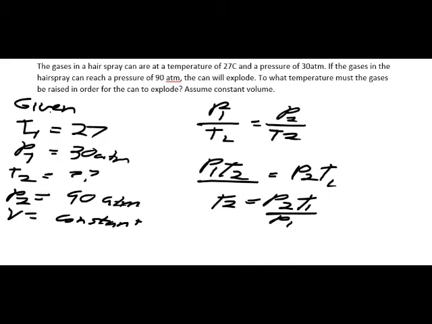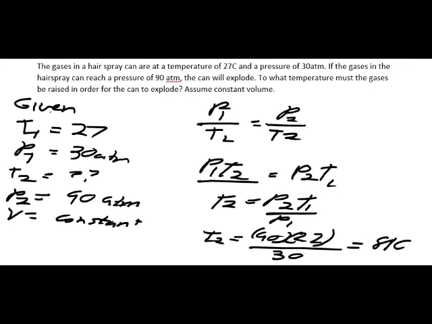Then let's substitute the values: T2 equals 90 times 27 divided by 30, which is 81 Celsius. And that would be our final answer.